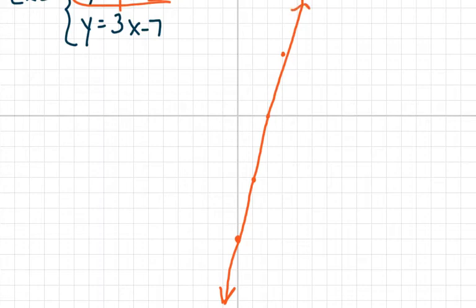My other equation is y equals 3x minus 7, so I start at my y-intercept of negative 7, and I rise 3 and run 1, rise 3, run 1, rise 3, run 1, rise 3, run 1. So these are awfully close together.